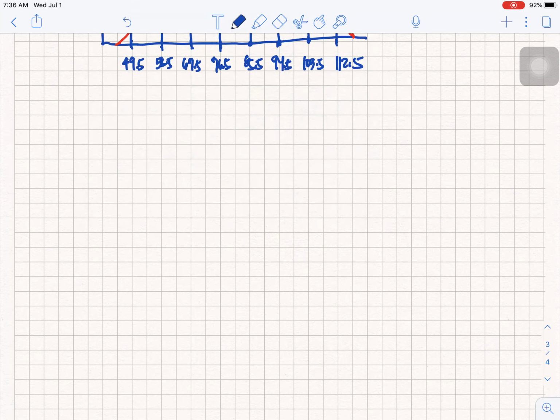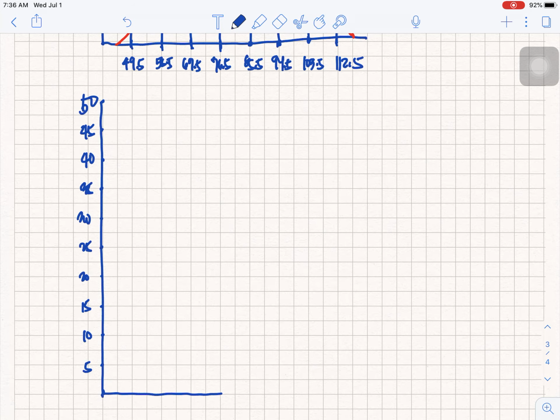For the ogives, the highest value is 48. So let's say this is 5, 10, 15, 20, 25, 30, 35, 40, 45, and 50.